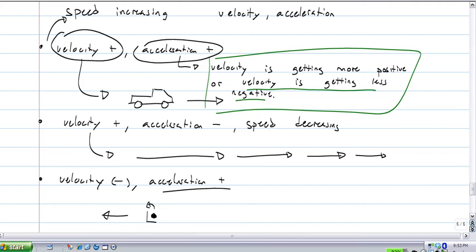The accelerator or the brake? Well, the brake. So if you're pushing the brake, is there any way your speed is increasing? No. Speed decreasing. And maybe that's a good way to think about it, right? If you're pushing the brake, speed's definitely decreasing. If you're pushing the accelerator, speed's definitely increasing.